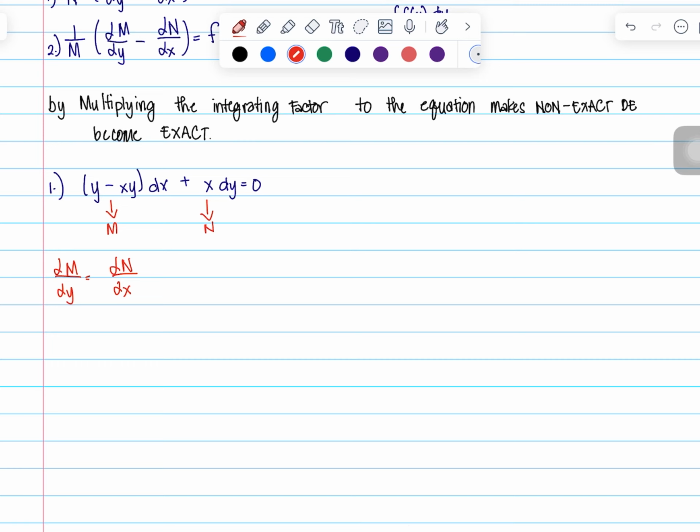All right, so the partial derivative of M with respect to y is equal to the partial derivative with respect to y of y minus xy.